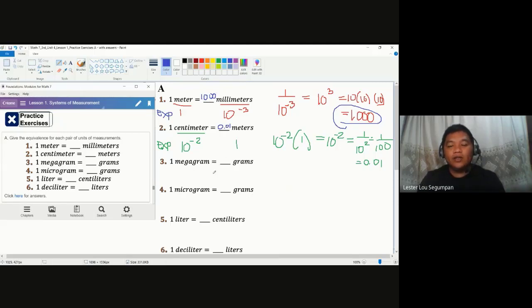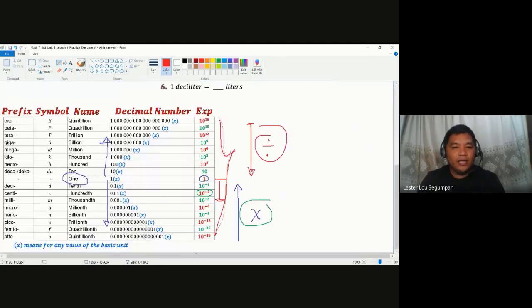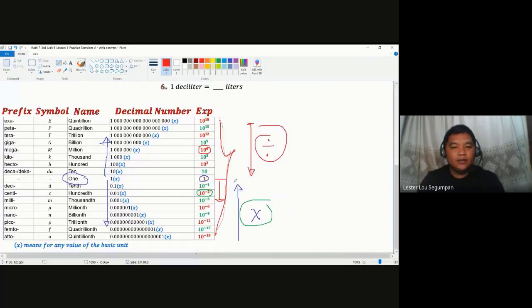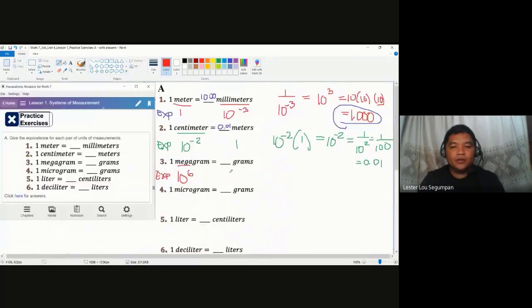Okay, let's try to talk about megagrams and grams. This is on the unit of mass, but let's just focus on the exponentiation for mega. Mega is here. You have 10 to the power of 6. And grams, we don't have any prefix here, so we have the expression 1. This is mega to grams.